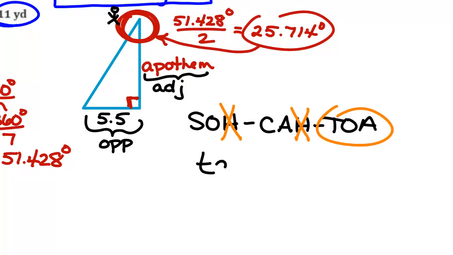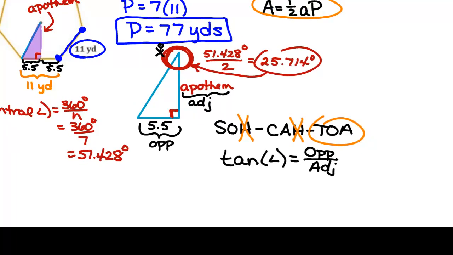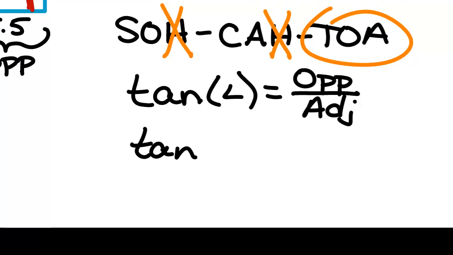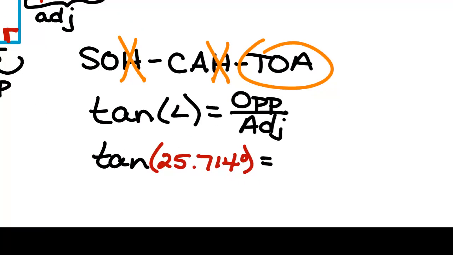So we have tangent of the angle equals opposite over adjacent. So tangent of 25.714 degrees equals, what do I put in for the opposite side? 5.5 over my apothem.